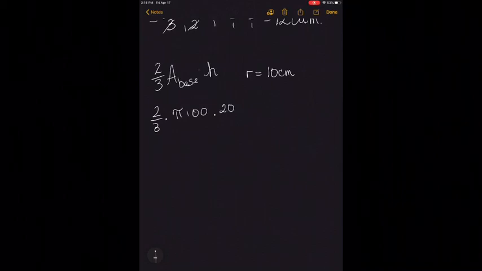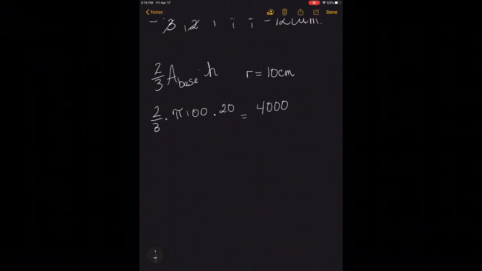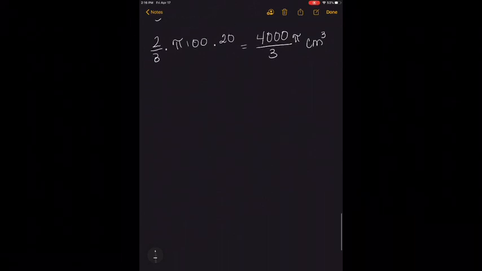Okay, and so that gives us 4,000 over 3 times pi. And we're doing cubic centimeters. And we can multiply out pi and divide by 3.